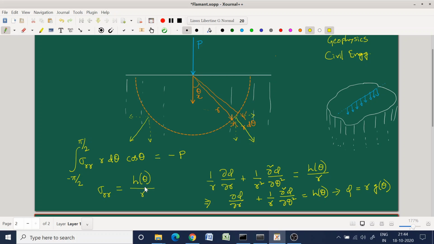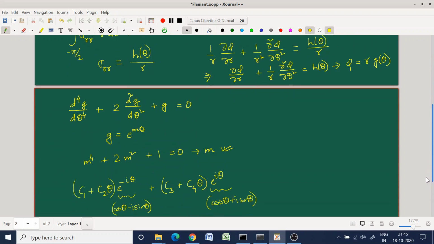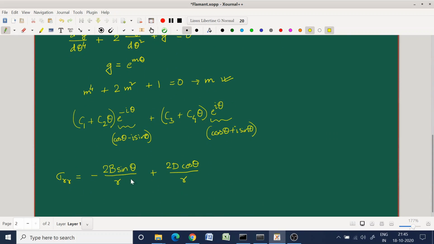Now r does not contribute to the symmetry or asymmetry of it. The only symmetry question arises with this h theta dependence. So what we are saying is that sigma rr should be such that the theta dependence is symmetric about theta equal to 0. And in the next page, we have just seen from the Jupyter Notebook that we are arriving at this solution form after the solution of the polar biharmonic equation. Now we ask what symmetries are associated with these individual terms.